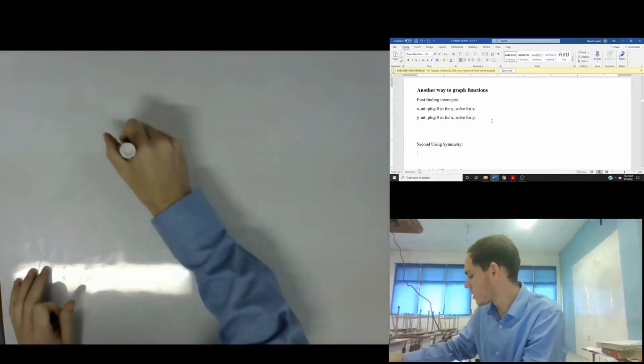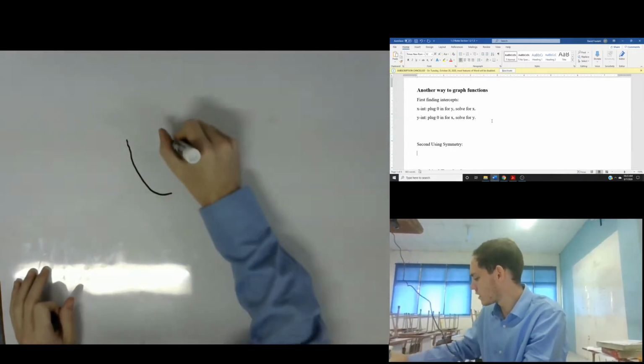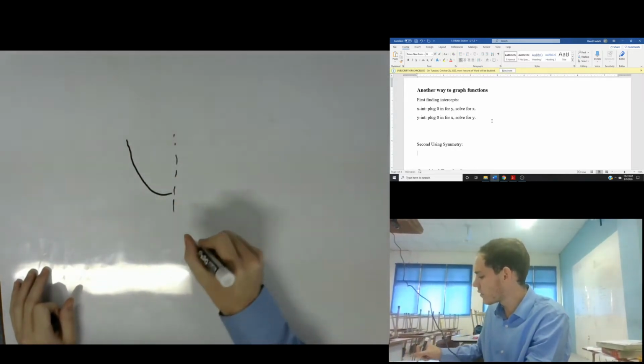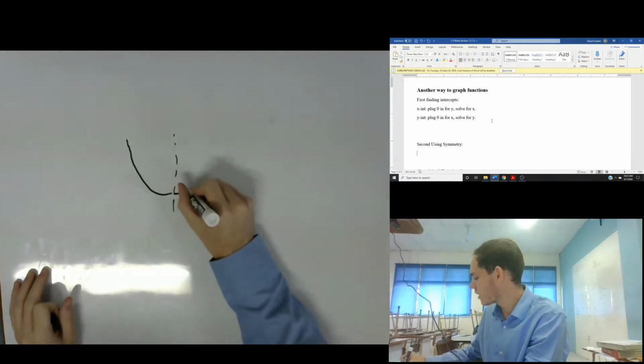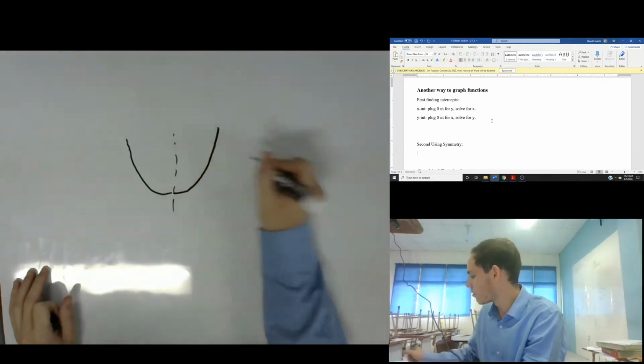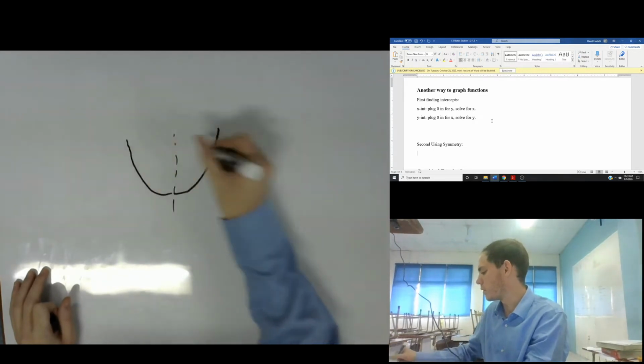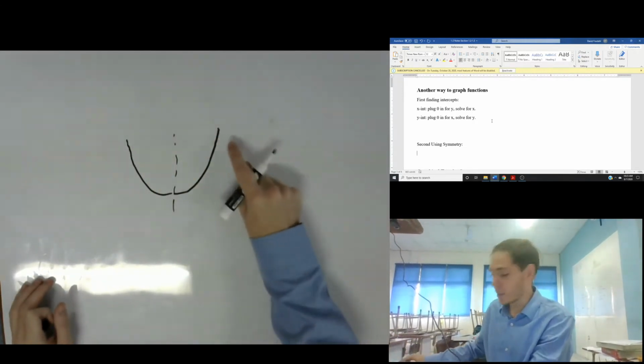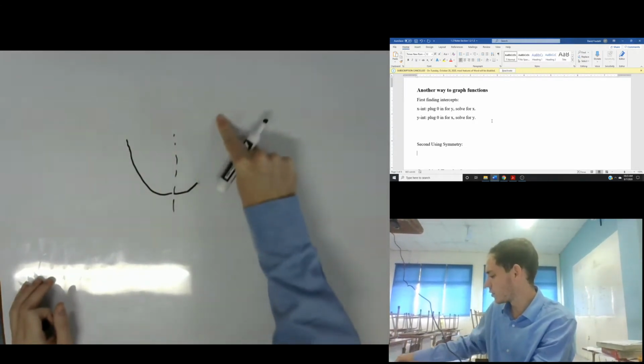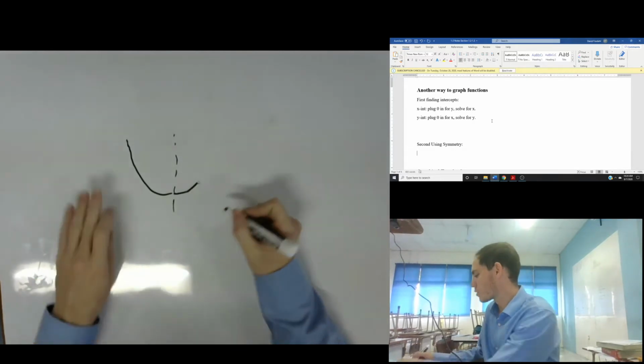Okay, using symmetry. The idea of symmetry is if I have an image like this, and I have a line of symmetry, then the other side of the image should be equal. You should be able to flip it. Now, you see mine's not exactly equal, but it works better with plotting points.